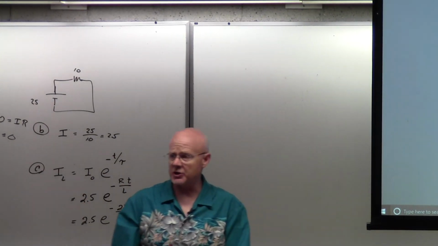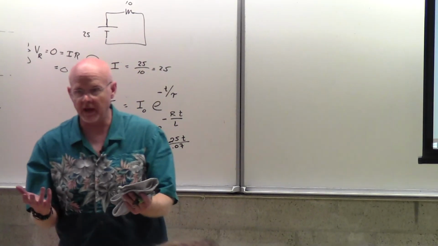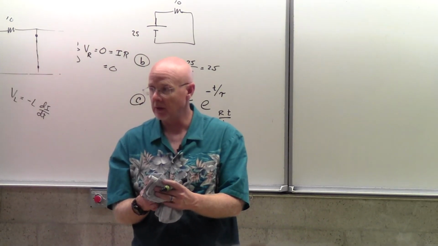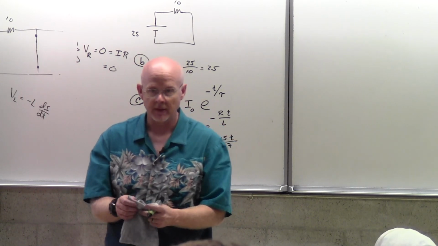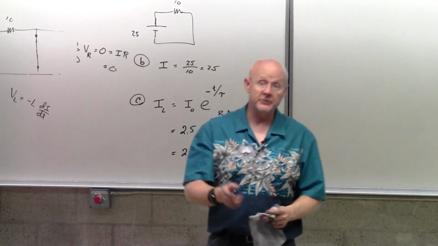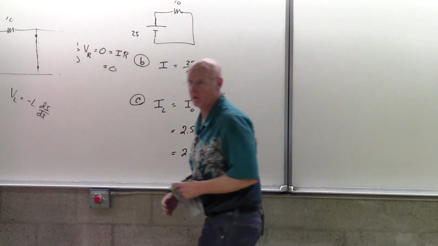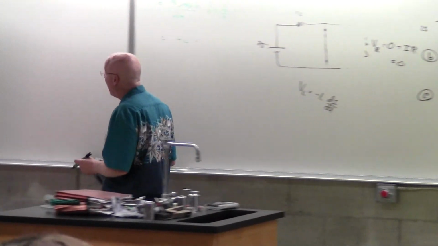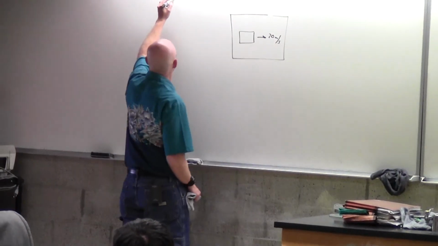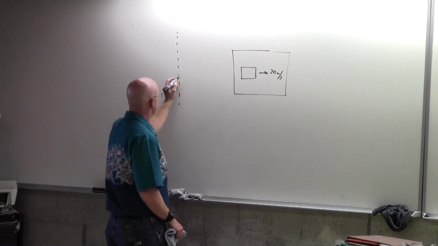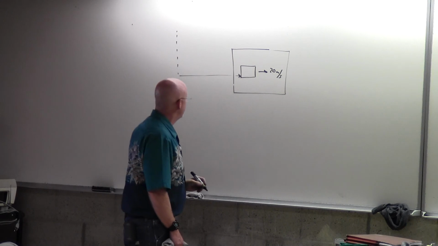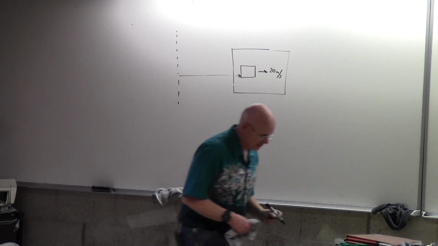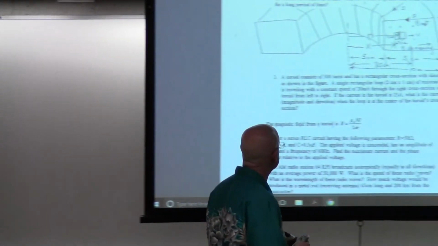And maybe I should just ask you a conceptual question. Is there a change in flux? Yeah, why? Yeah, the field changes, doesn't it? And so as we measure from the center here, and what symbol do they use for that distance?